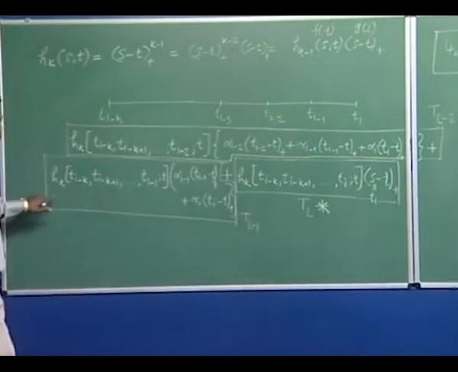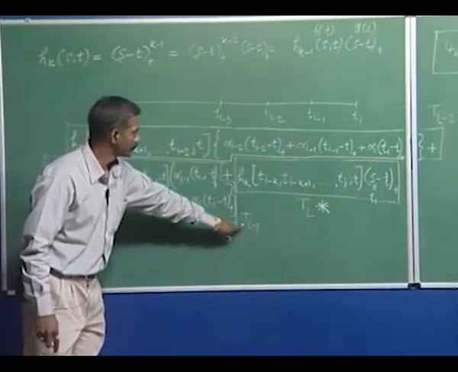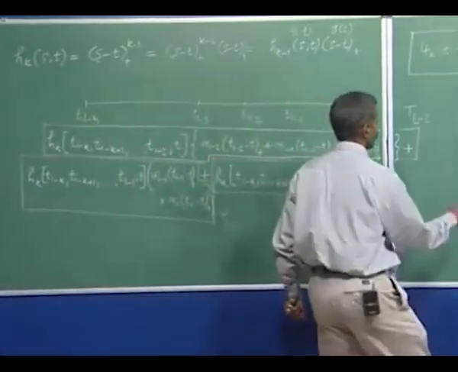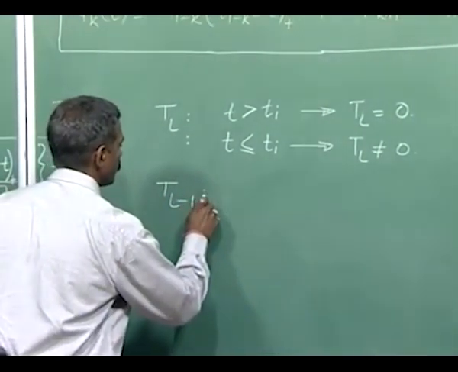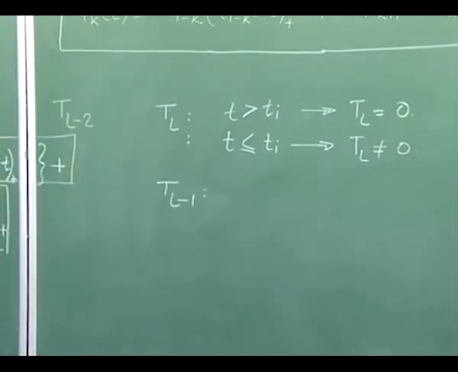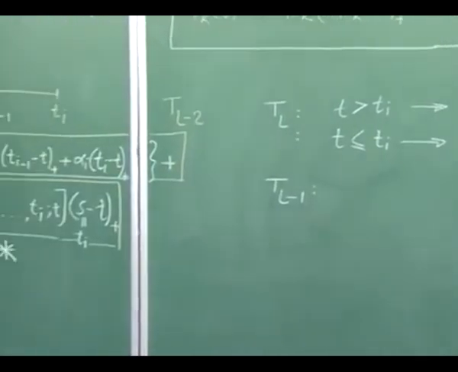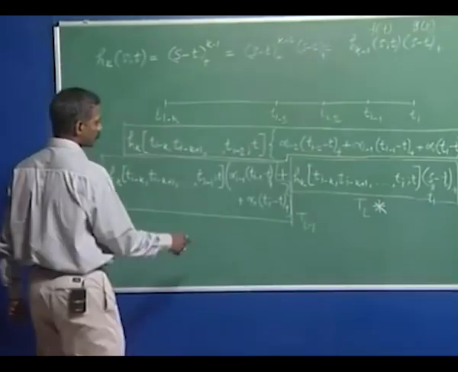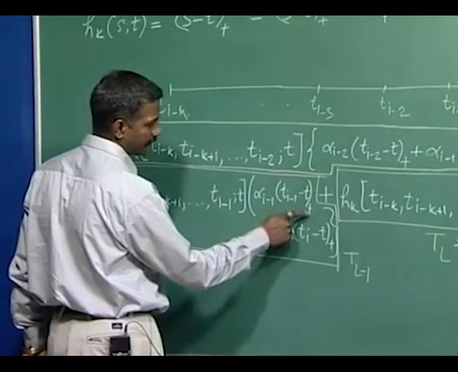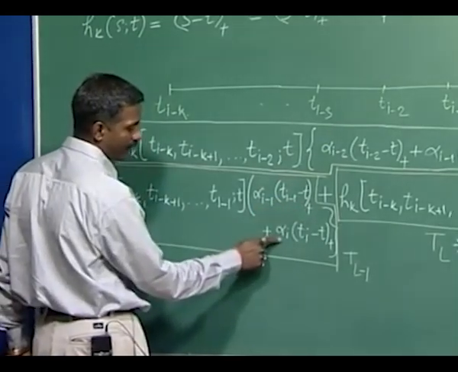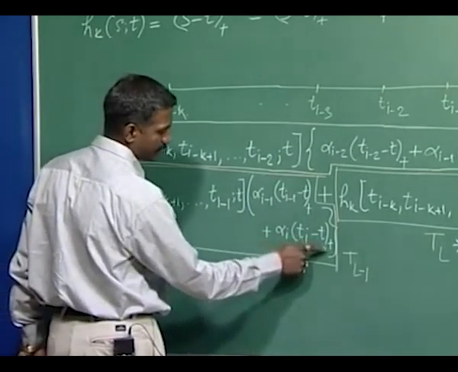Now let's concentrate on T_{L-1}, and on alpha_{i-1}(t_{i-1} - t) truncated plus alpha_i(t_i - t) truncated.